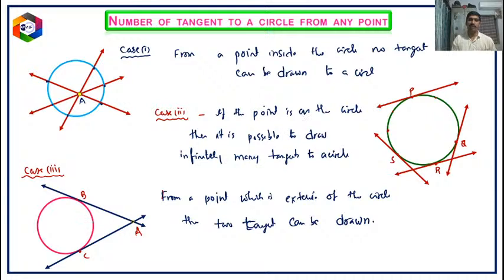Now case 3, if we consider a point in the exterior region, and from that point we draw the tangents to the circle, how many tangents are possible? No doubt at all, it is possible to draw 2 tangents. That is, if it is interior, no tangents; exterior, 2 tangents; on the circle, for each and every point it is possible to draw a tangent, therefore infinitely many tangents.